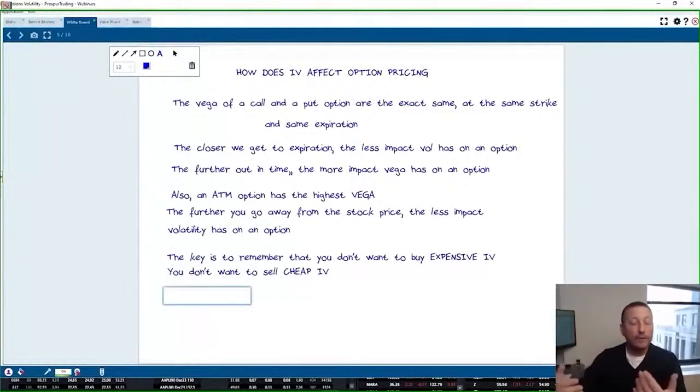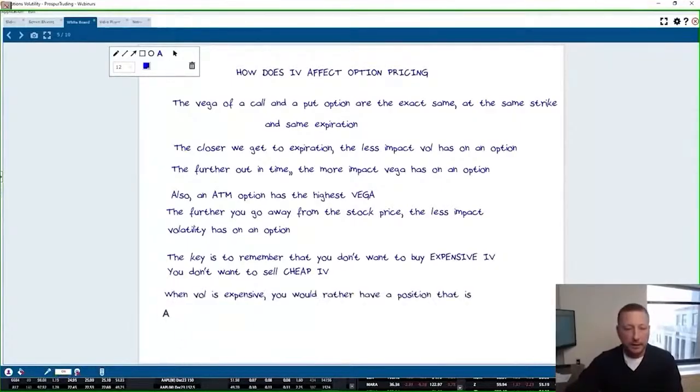So when volatility is expensive, again, regardless of direction, regardless of whether you're bullish or bearish or even neutral, you would rather have a position that is either neutral or short Vega.